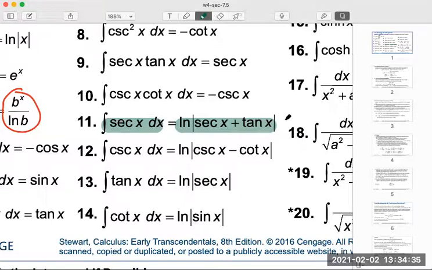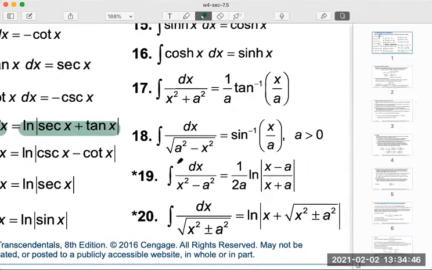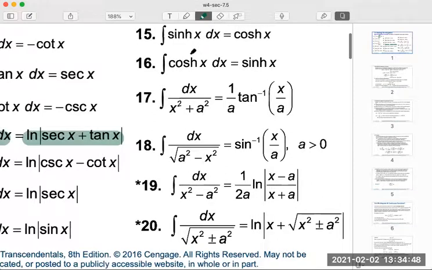Memorize this. In order to find this, review section 7.2 and inverse functions, etc. And so many other things.